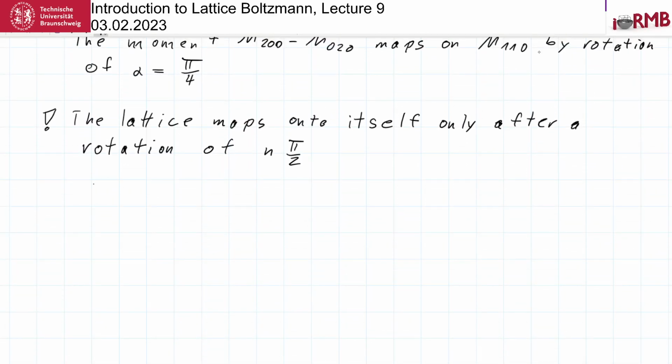Let me draw it in 2 dimensions, because I cannot draw this in 3 dimensions properly. So now this is our lattice. If you rotate this by pi half, the new lattice will sit exactly on the old lattice, just the directions have changed their position.